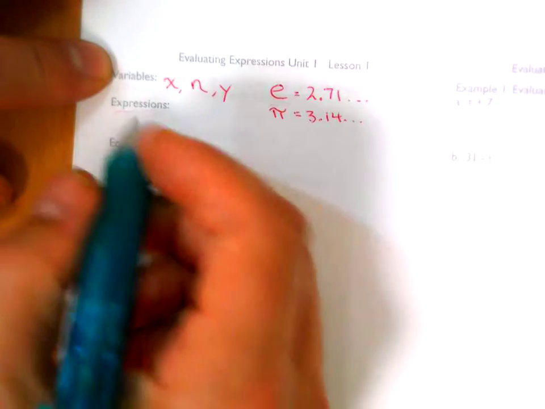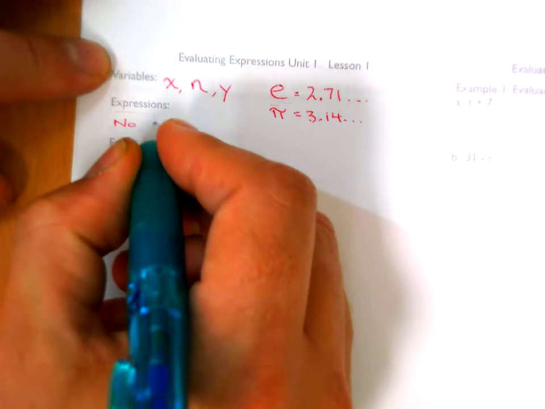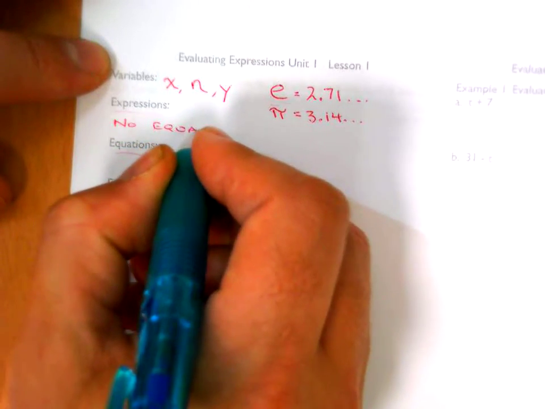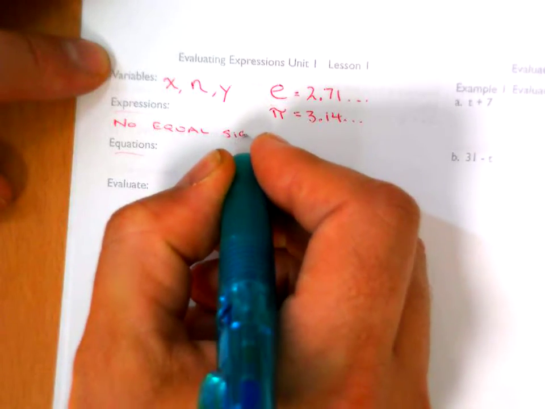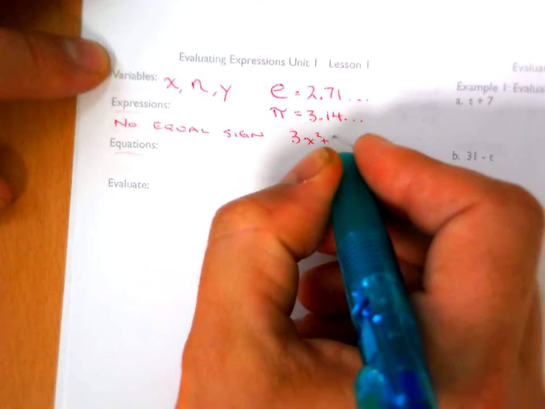All right, an expression has no equal sign. That is ultimately what I want you to remember here. So an expression, 3x squared plus 4x, this would be an expression. You can have as many variables in there as you want. This one just has the one.